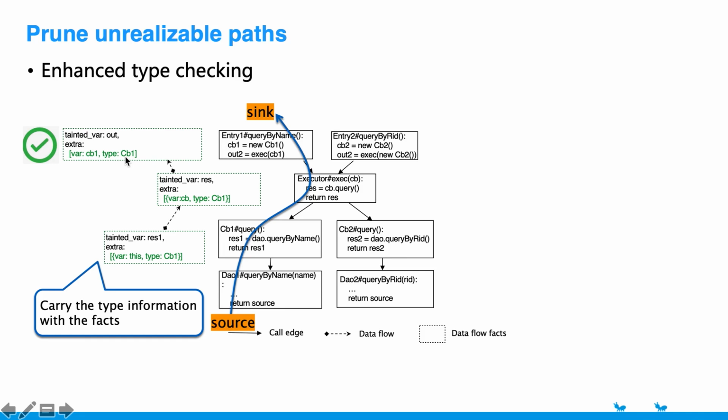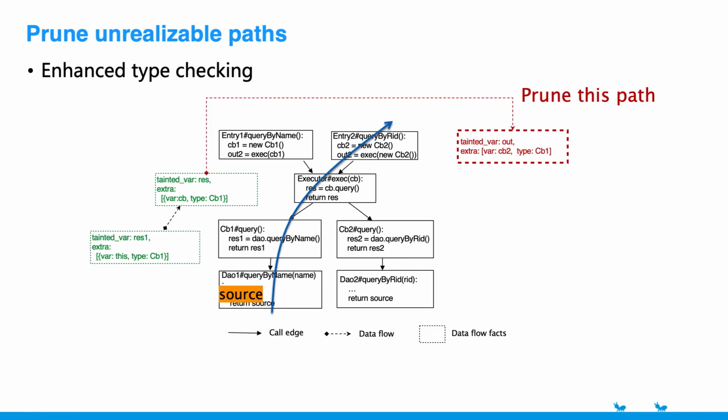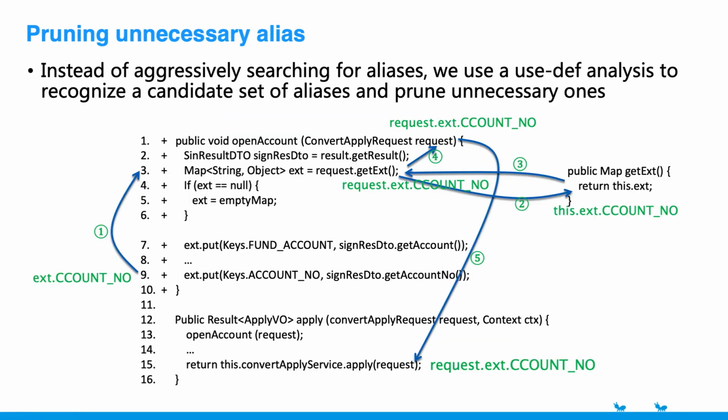The types are compatible along this path. However, if we try to return to the right side, the equivalent variable is CB2, and it should also be of type CB1, while it is actually of type CB2 according to this function scope. There is a conflict here, and we prune this path.